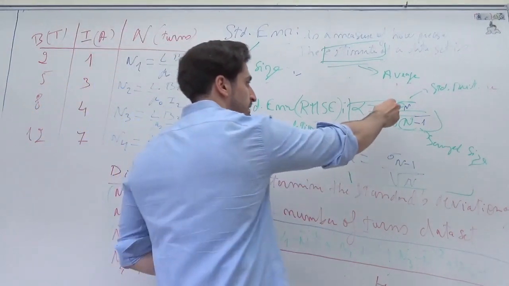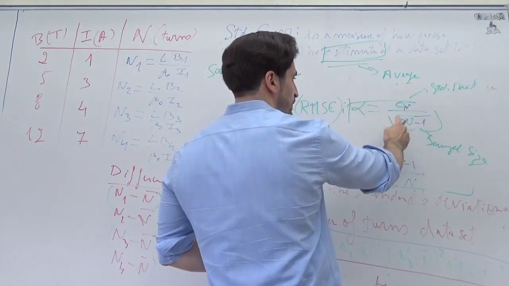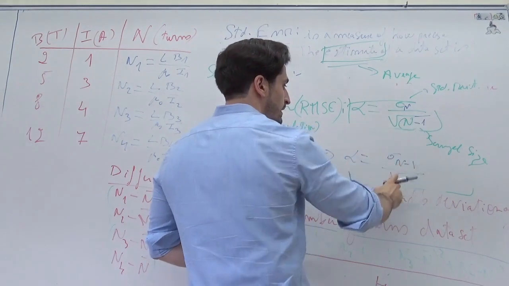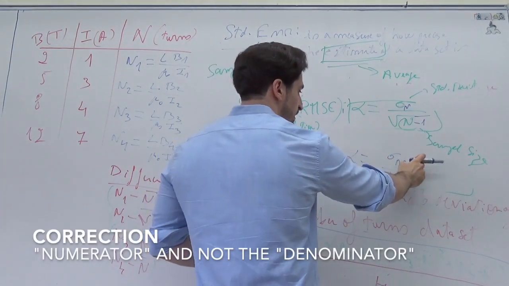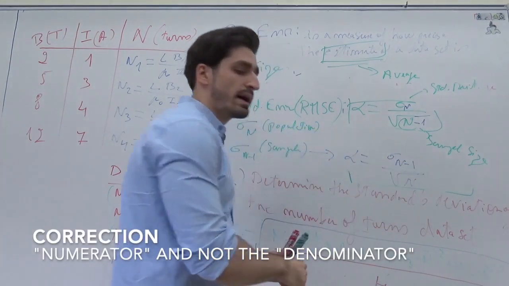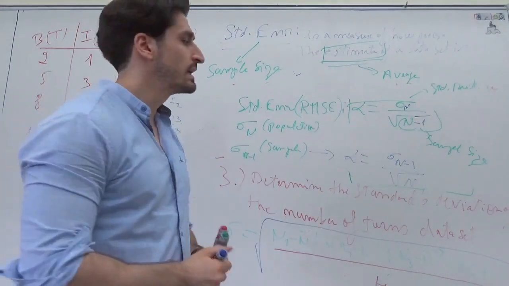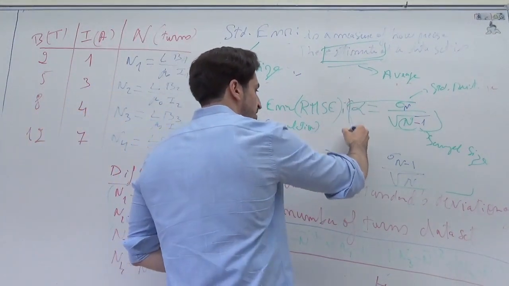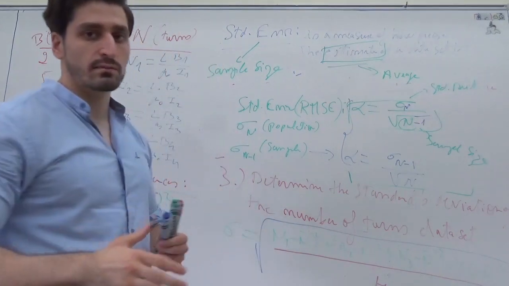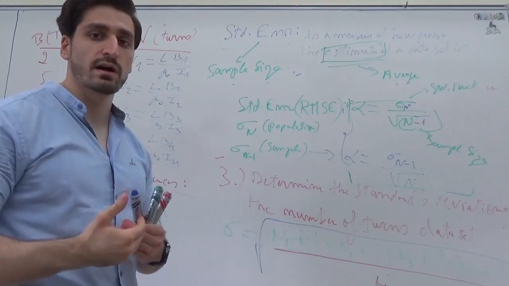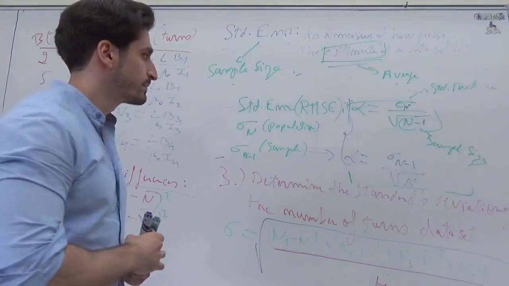So if you have sigma n in the numerator, therefore you are going to divide by square root n minus 1. If you have sigma n minus 1 in the numerator, therefore you have to divide by square root n in order to get the value of the error. And like I said, both equations are going to yield the same result. But you have to keep in mind which order of sigma you are using in that case.